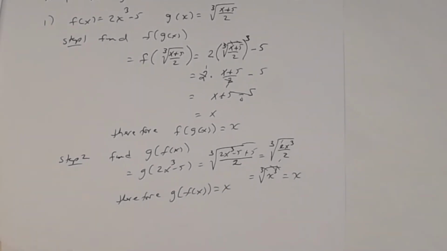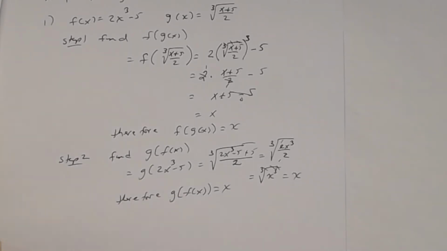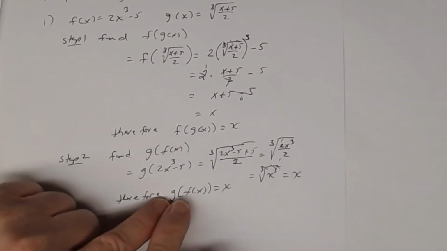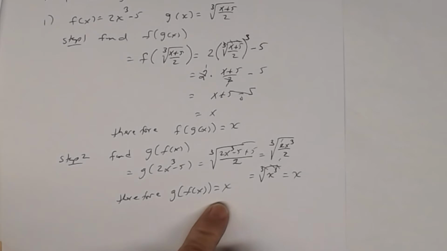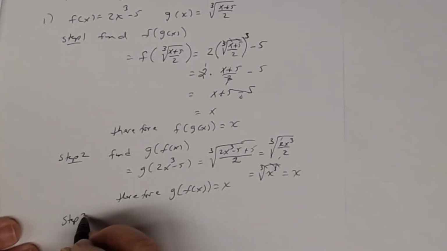All right, but what does that mean? All right, so you found this and you found this. What does that mean? You got to say something more. Well, what you now know is this. Since f of g of x is equal to x and g of f of x is equal to x, then you got to say, well, what does that mean? Well, this is what it means. So step 3.